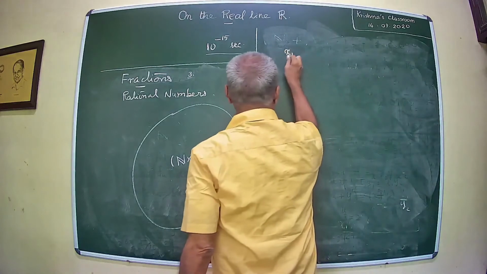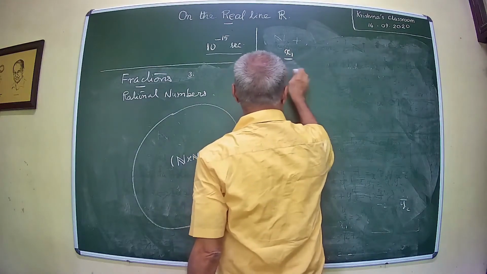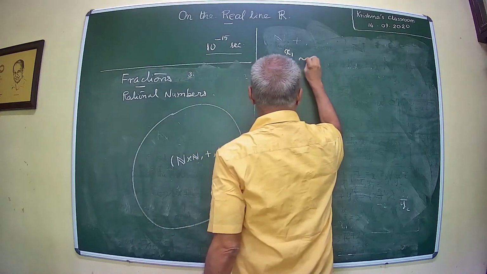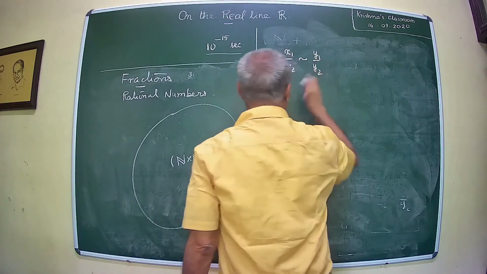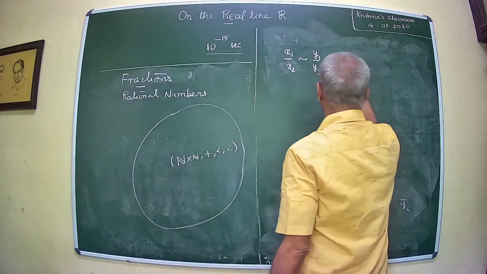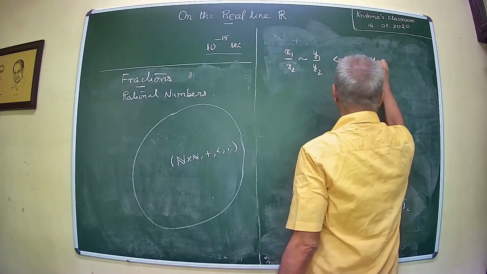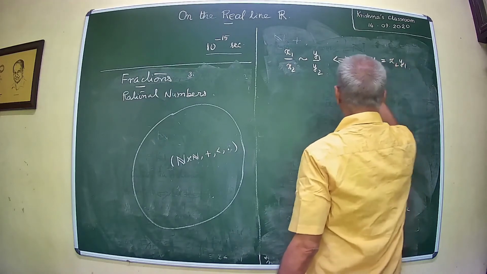We write x1 by x2 is related to y1 by y2 if and only if, this is the definition, x1 y2 equals x2 y1.